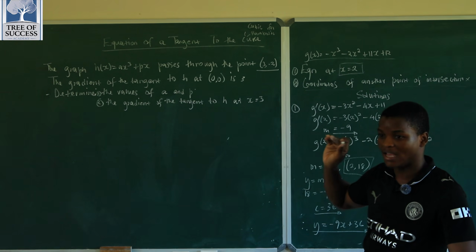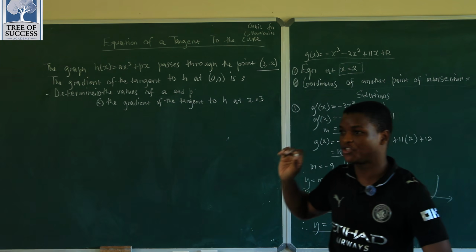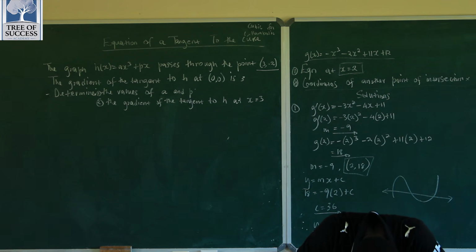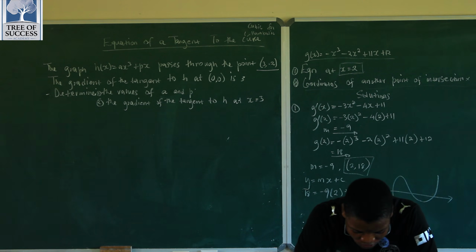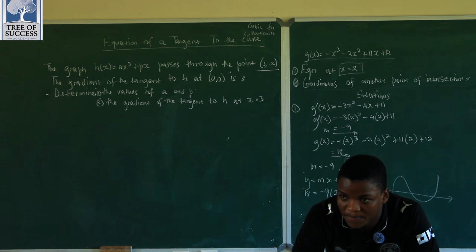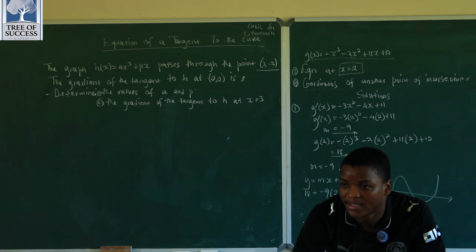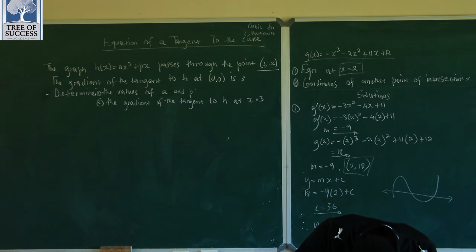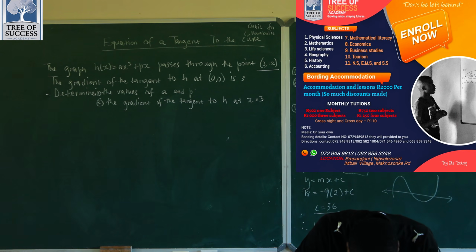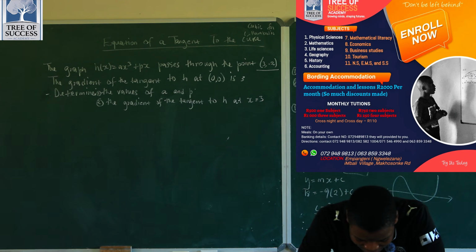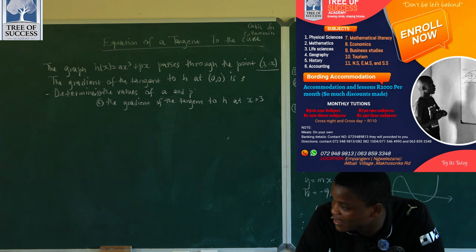It is just a point, right? It passes through that point. So now it says the gradient of the tangent to h at point 0, 0, which is the origin, right? So it is what? It is 3, right? The gradient of the tangent to h at 0, 0 is equal to 3, right?